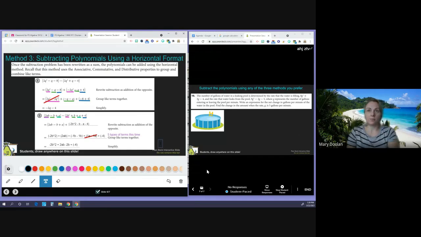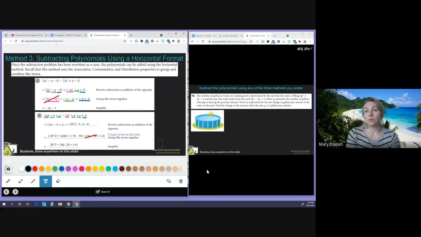It says subtract the polynomials using any of the 3 methods you prefer. And so it's a story problem. The number of gallons of water in a leaking pool is determined by the rate that the water is filling, 8g squared plus 3g minus 4, and the rate that the water leaks from the pool, 9g squared minus 2g minus 5, where g represents the number of gallons entering or leaving the pool per minute.